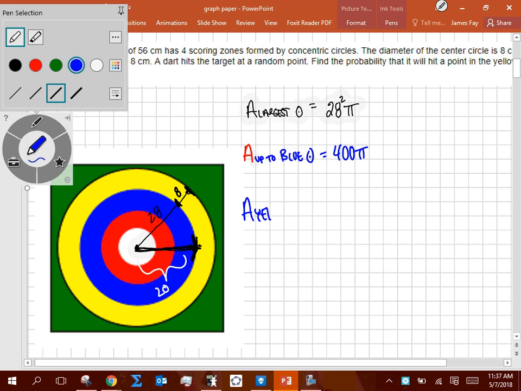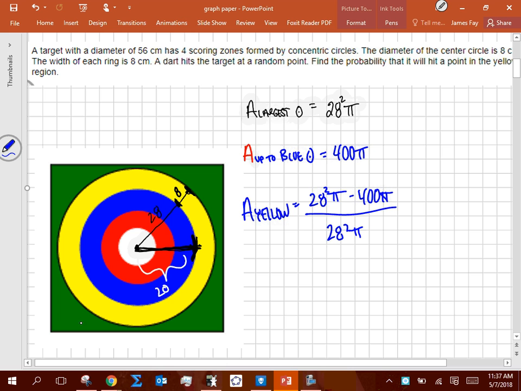The area of the yellow is going to be 28 squared pi minus 400 pi. And then I'm going to divide that by what? 28 squared pi.